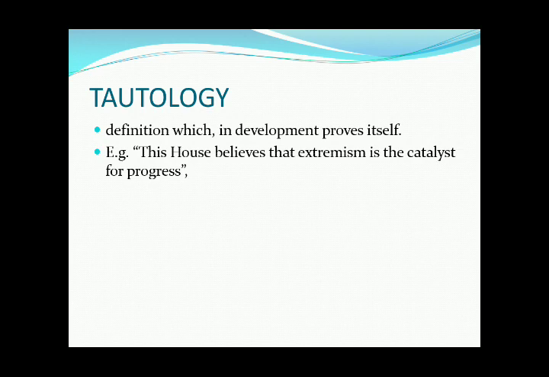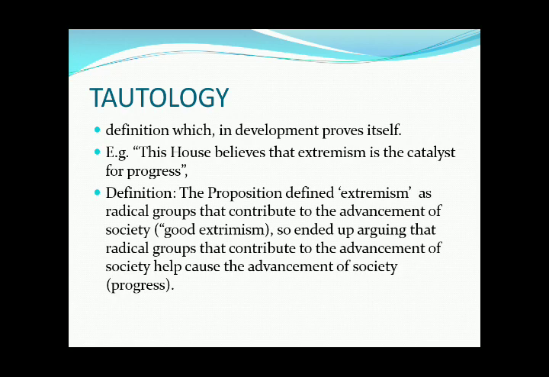For example, the motion is this house believes that extremism is the catalyst for progress. Catalyst here means trigger. The house believes that extremism is the trigger for progress. Here, for example, the proposition defines extremism as radical groups that contribute to the advancement of society, or good extremism.